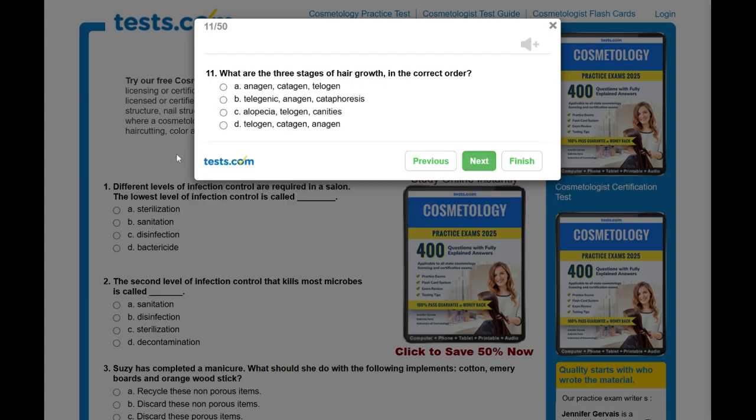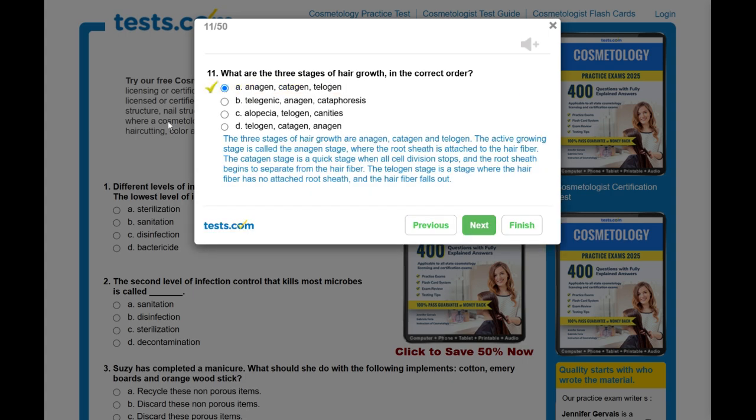Question 11. What are the 3 stages of hair growth in the correct order? A. Anagen, catagen, telogen. B. Telogenic, anagen, cataphoresis. C. Alopecia, telogen, kenites. D. Telogen, catagen, anagen. A. Anagen, catagen, telogen.